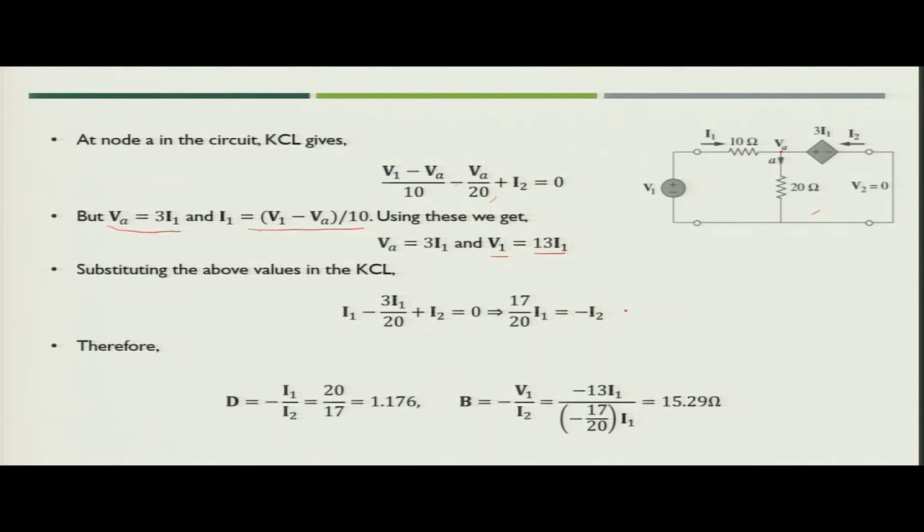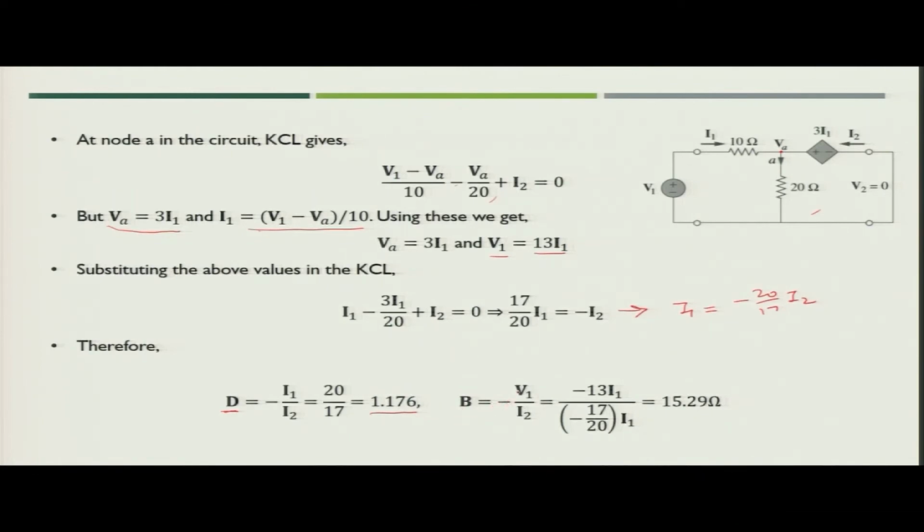Since I1 is equal to minus 20 by 17 I2, the ratio between I1 and I2 gives the value of D. So, D is nothing but minus I1 by I2. From this, what you get is D equal to 20 by 17, so the value of D you will get as 1.176.